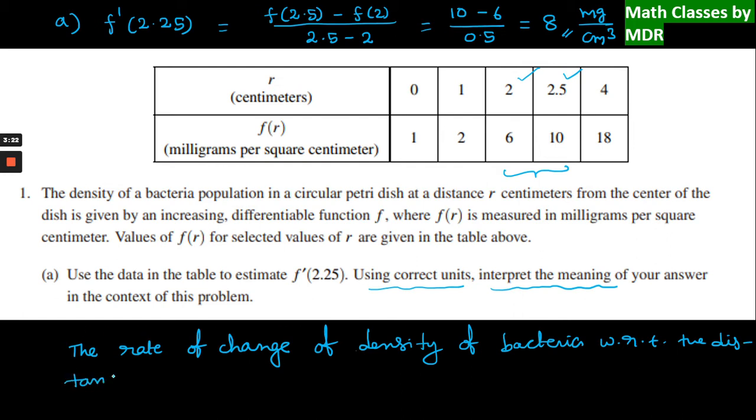So we have to mention that with respect to distance r. So what is the rate here? The rate of change of density of the bacteria with respect to the distance is 8 milligrams per centimeter square per centimeter. So that is what we have got, right? That is the meaning of the answer f prime of 2.25.